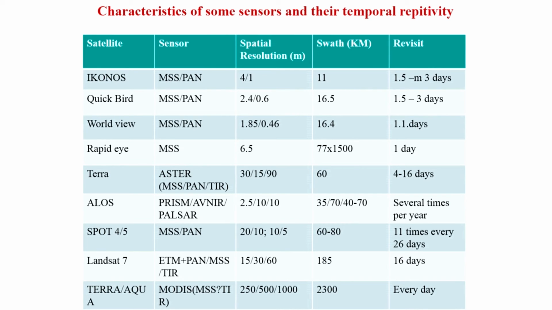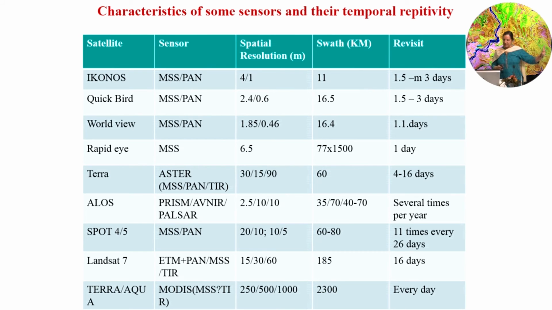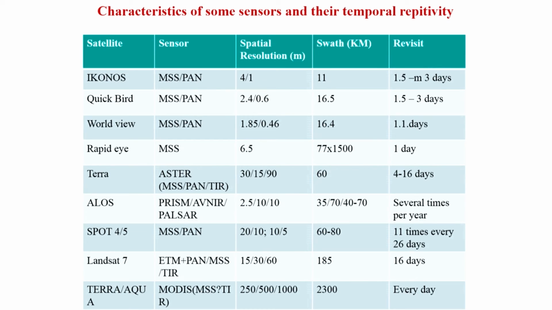They have a constellation of 5 identical satellites running one after the other like a train. So this one takes the data, the next day the other satellite comes, then the next, then the next. So temporal repetitivity is improved by having a constellation of 5 similar satellites, programmed to run one after the other.